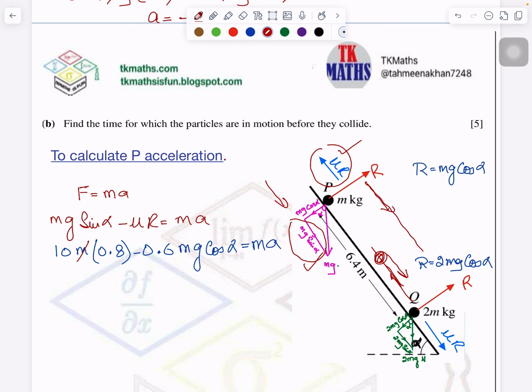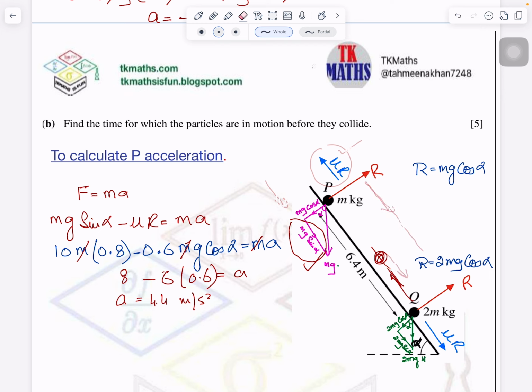Again, I will cancel out m here, and cos alpha is what? This is minus 6, cos alpha is 0.6, is equal to a, and this is 8. So a is equal to 4.4. You can also take the calculator. So I found here the acceleration of P is 4.4. Now remember it because it will be applied. Okay.